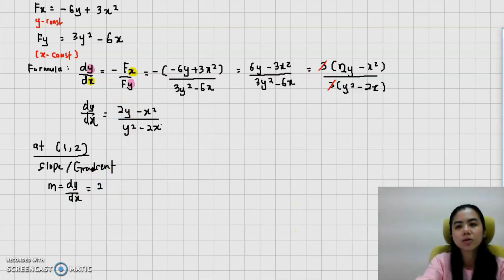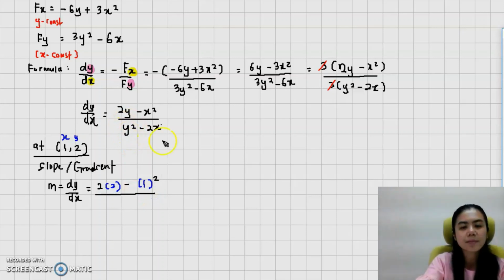By doing the substitution, let's look at your y. What is your y here? Your y here is actually 2, minus x squared. What is your x here? Your x here is actually 1, so it's just 1 squared.